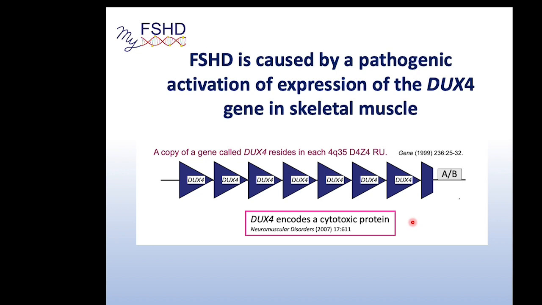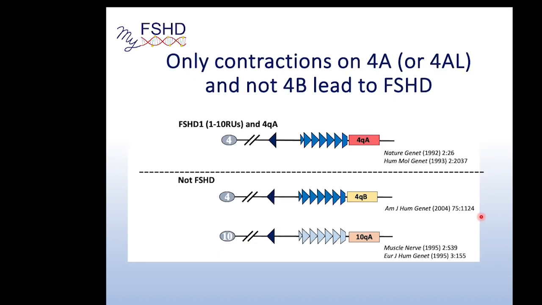Not exactly sure how it ultimately leads to FSHD, but we know expression of DUX4 is bad in skeletal muscle. But the key is, at least part of the DUX4 gene is in each one of these arrays. The second part is going to be distal here, and we'll be talking about that in a second because that's really key. All right, so only contractions on 4A or 4AL and not 4B lead to FSHD.